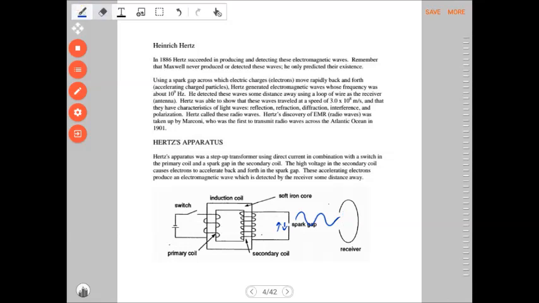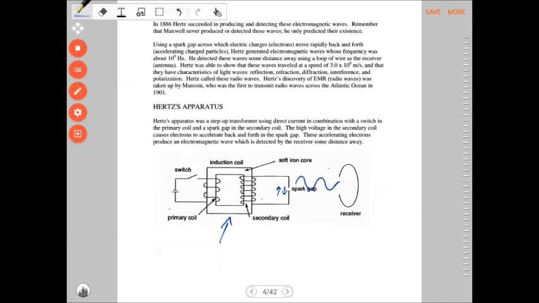Very cool. Now, of course, the more powerful you make these coils, the stronger that wave can be, so the receiver can receive those waves at a greater distance. Moving on.